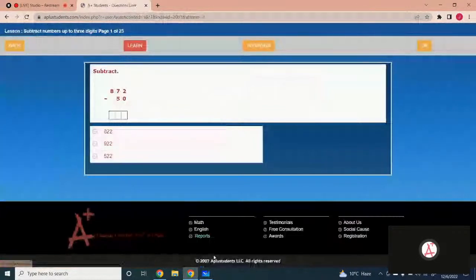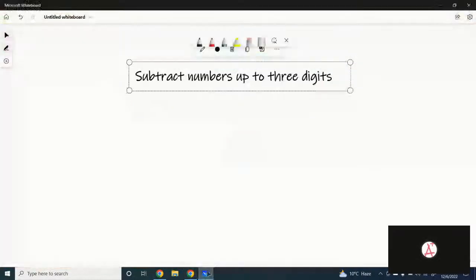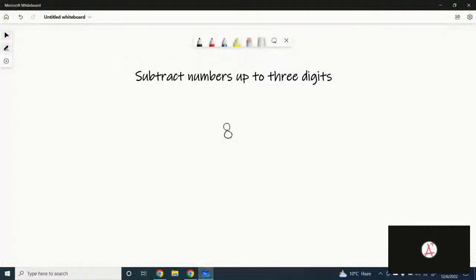Okay, 872 subtract 50. Can we subtract 0 from 2? Yes, because 2 is greater than 0.